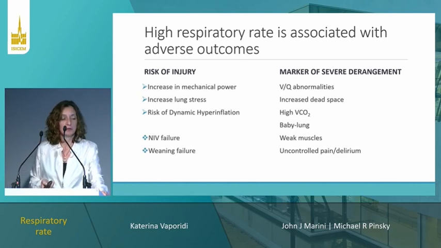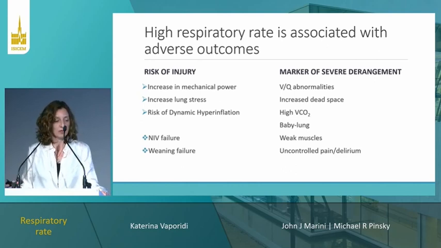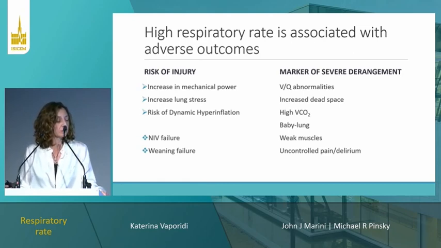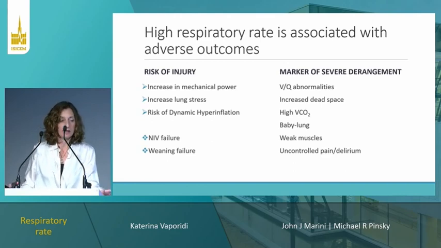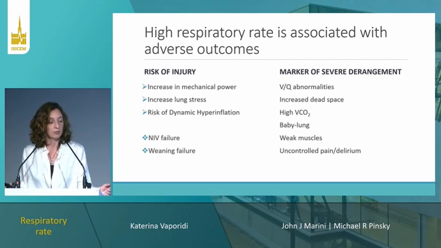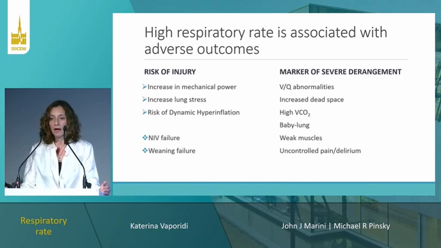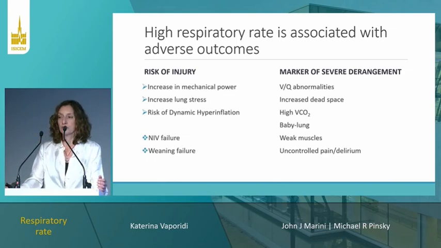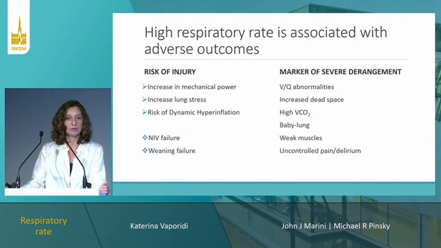So a high respiratory rate is indeed associated with adverse patient outcomes. But I'd like to point out that it is not just because it may increase the risk of injury by increasing mechanical power, by increasing lung stress in the form of double triggering, or by increasing dynamic hyperinflation in the case of obstructive disease, but also, and perhaps more importantly, because it is a marker of a severe derangement.